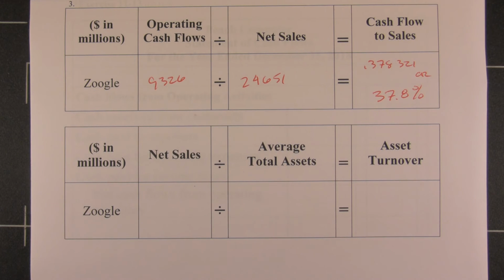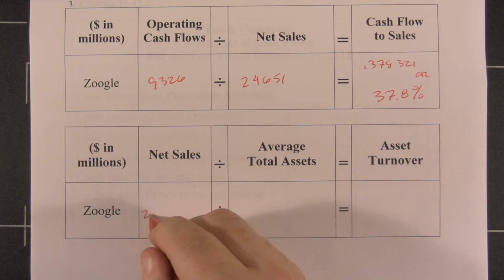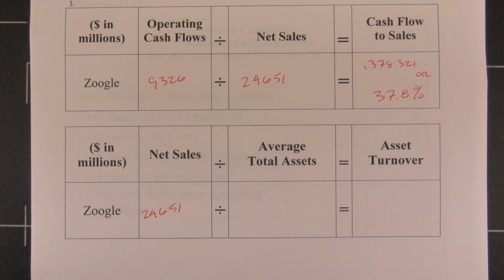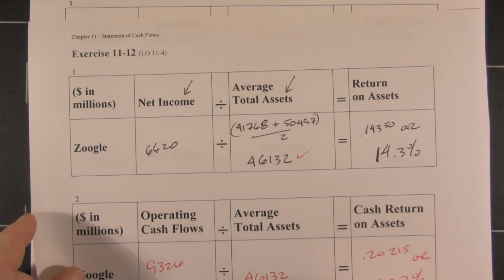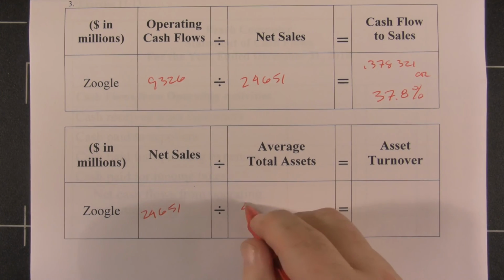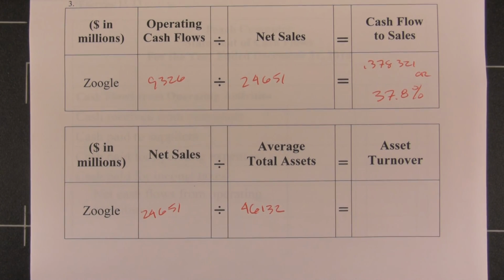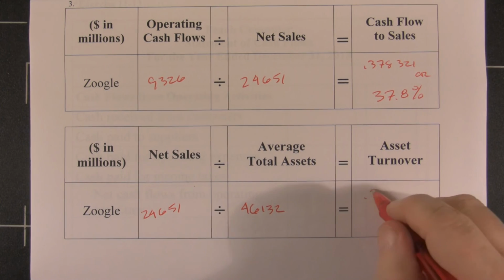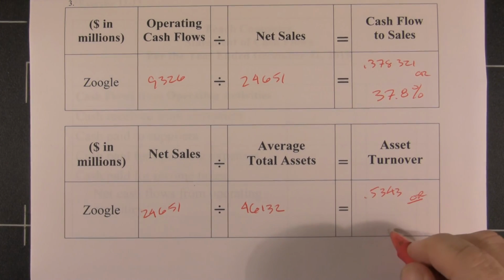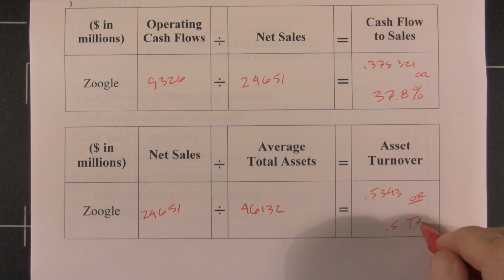And the last thing it asks us to do is asset turnover, and we're going to take a look at our net sales, which is this number, 24,651 million, divide by our average total assets, and that's this number, the one we've been using right along, 46,132 million, and that comes to 0.5343, or 0.5 times.